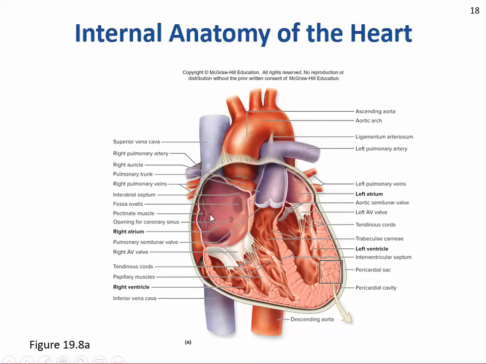Their job is to give a little bit more muscular strength to the walls of the atria without taking up too much space for blood. It's kind of a rough surface. Now the blood accumulates here and then pours passively through here into the ventricle.